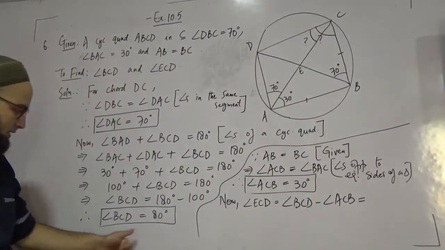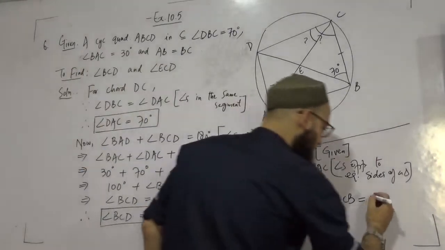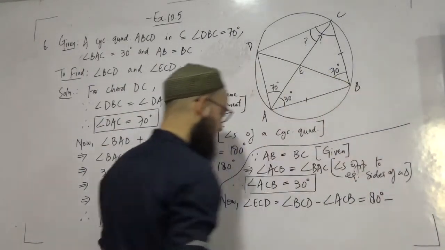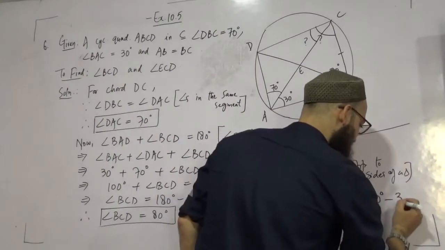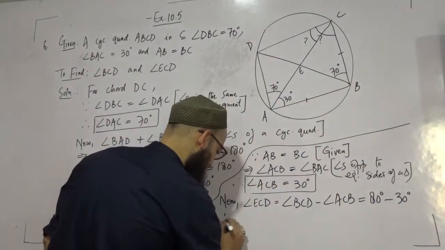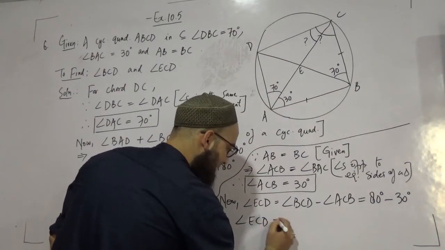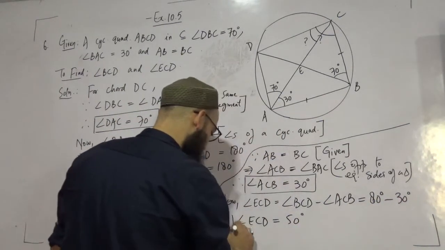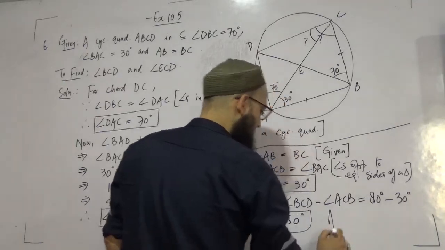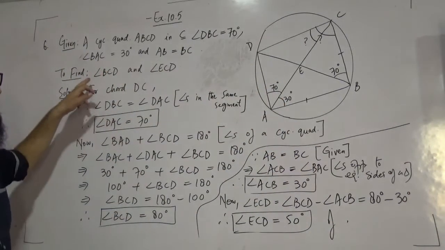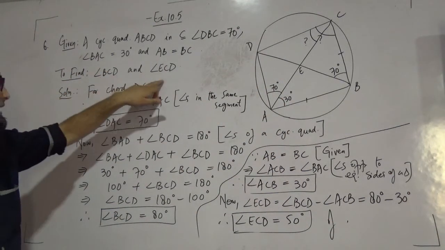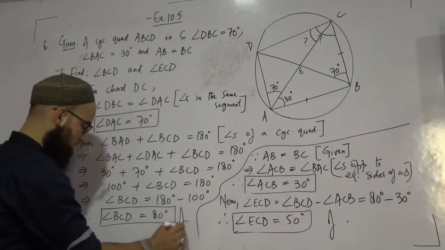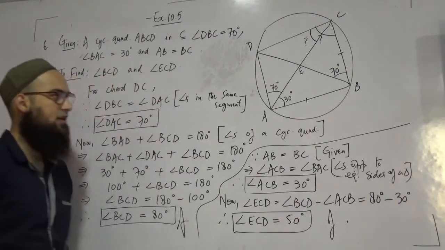BCD we just found, it's 80 degrees. So it's 80 degrees minus ACB, which is 30 degrees. Therefore, angle ECD is equal to 80 minus 30, that's 50 degrees. That's your answer. So we were about to find BCD and ECD. This is your first answer, BCD, and that's the second answer. Make a note.